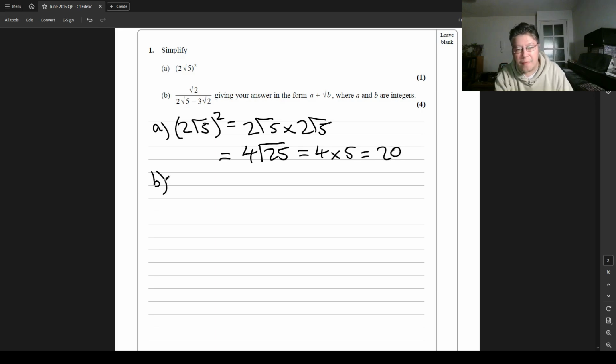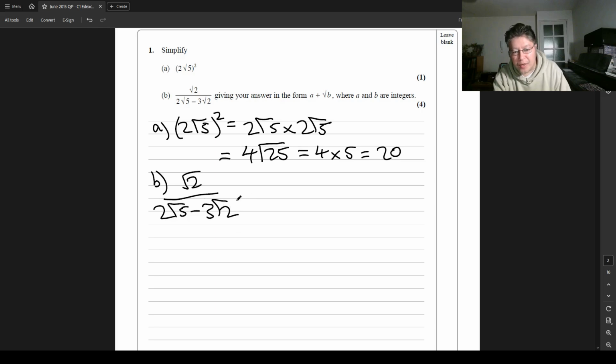Okay, part B, we've got this surd, and we want to simplify it and put it into the form a plus root b. So let's copy the question: root 2 over 2 root 5 minus 3 root 2.